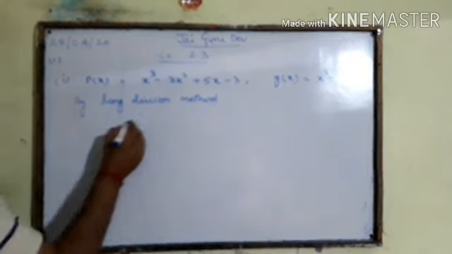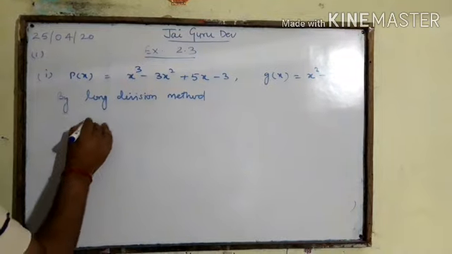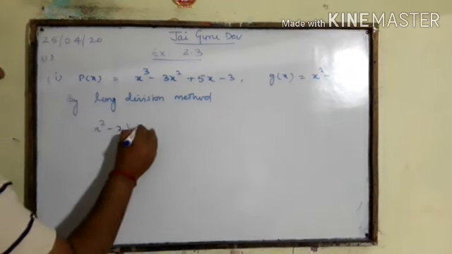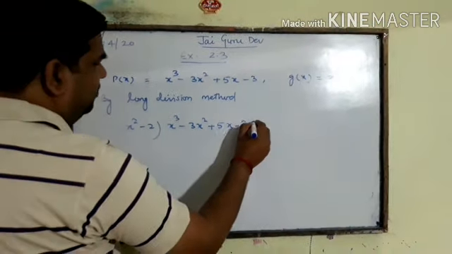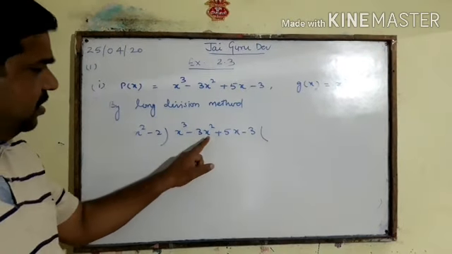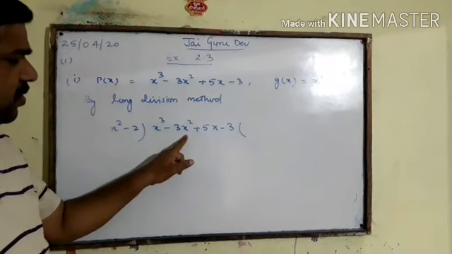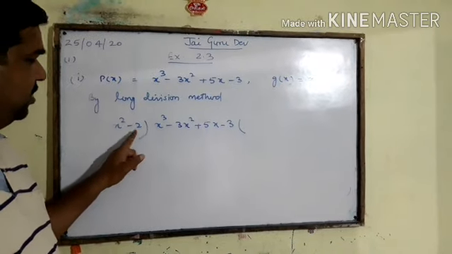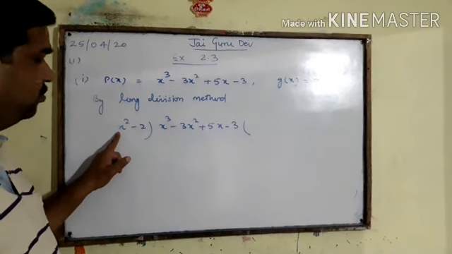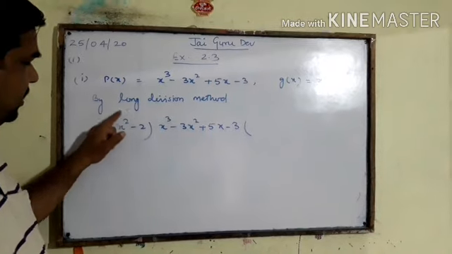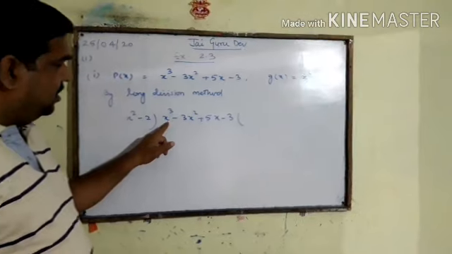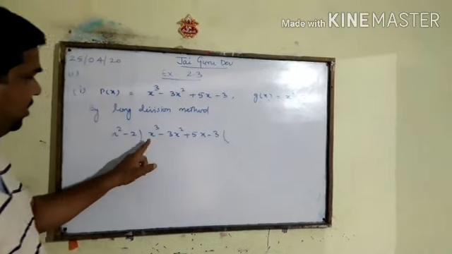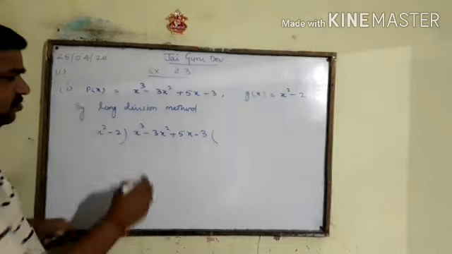So g(x) is x² − 2, which divides x³ − 3x² + 5x − 3. The degree of the dividend polynomial is 3 and the degree of the divisor polynomial is 2. When x² of the divisor divides x³ of the dividend, the result is x.